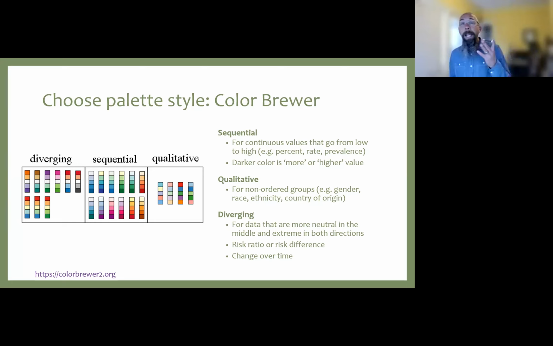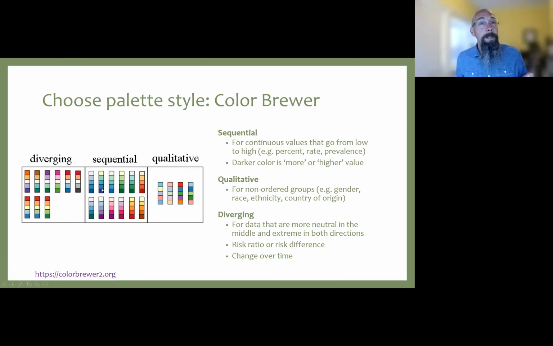So there's three kinds of palettes when you're choosing color. Well, actually, one option is you don't vary color. Say a bar chart, all the bars should be blue perhaps because you're not trying to distinguish between them. So maybe they're just all one color. So that's maybe the starting point. But if you're going to have color, think about it according to the way that the color relates to the number. So a sequential color palette typically goes from a light color to a dark color in even steps.